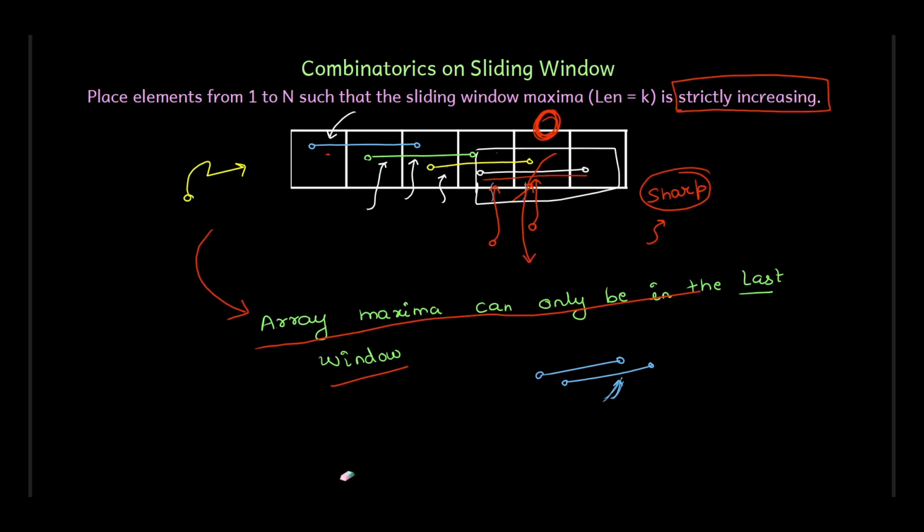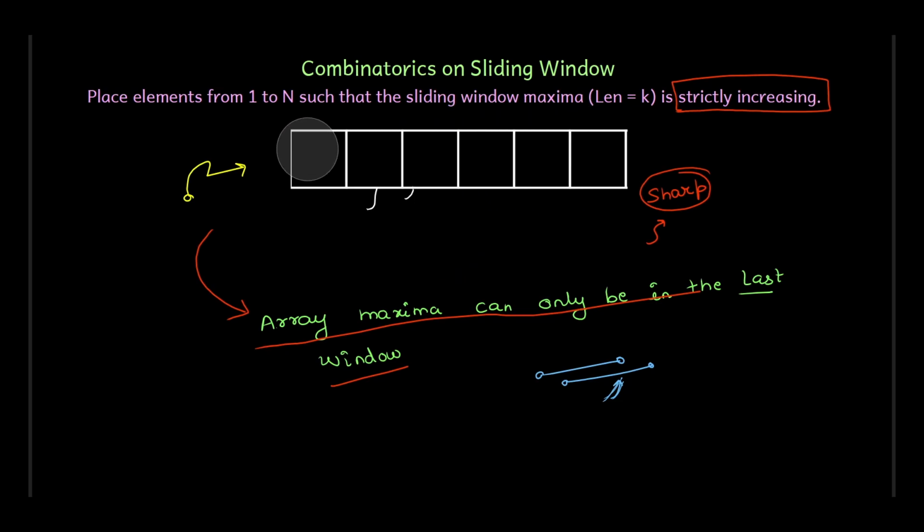Let me clear the board a bit so that it doesn't get confusing. This is the first window, this is the second window, third window, and finally this is the last window. Now we want to find out, can the maxima be here, here, or here, because we know it has to be in one of these.